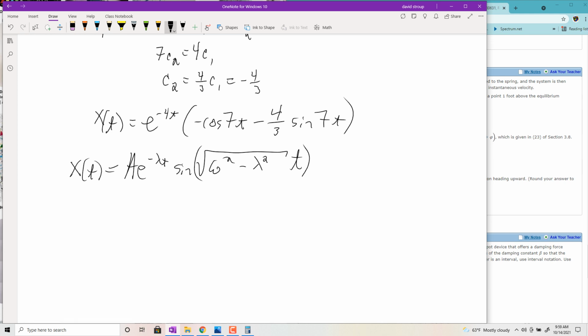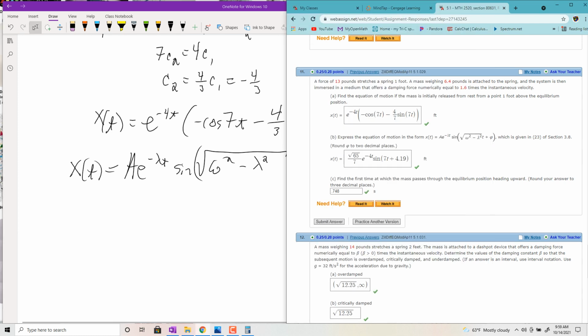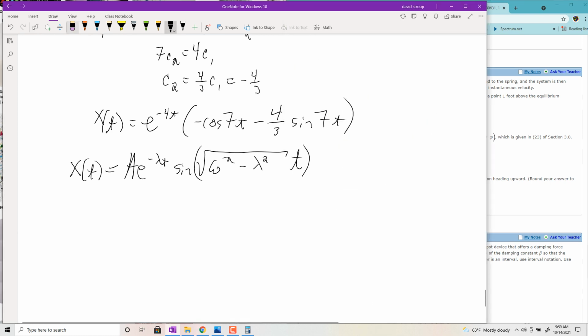You can't tell when you read it, but the t is on the outside, and then plus, I forgot my angle phi, plus phi.